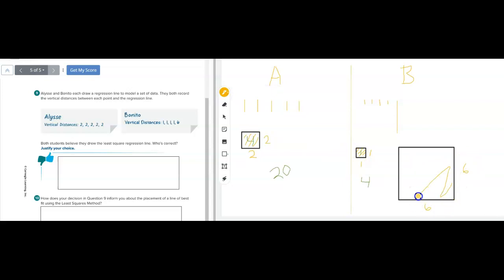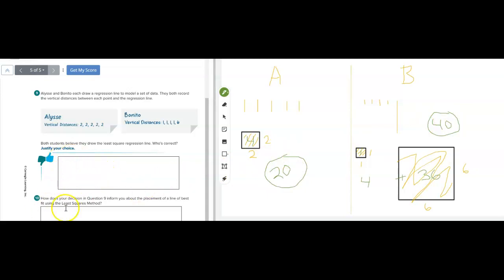So the area of this square, if you had this shaded in, is 6 times 6, which is 36. So if you take the 4 plus the 36, that comes out to a total of 40 shaded squares on Benito's side, and only 20 shaded squares on Alyssa's side.